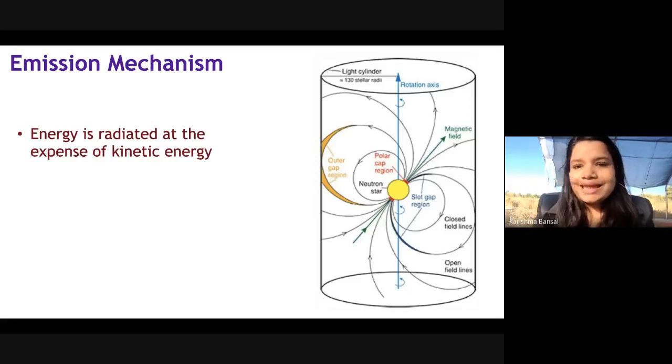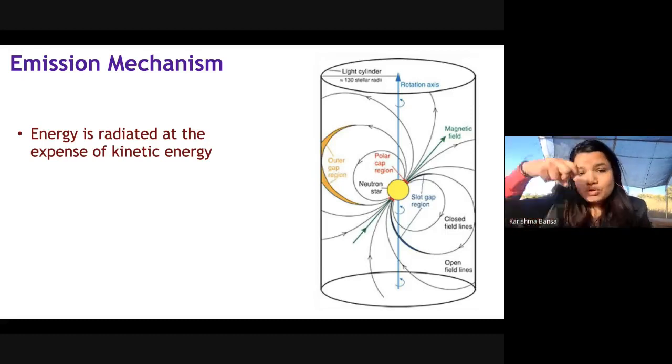The energy is radiated because it's like a dynamo rotating. The neutron star has a very high magnetic field and is rotating so fast that it radiates this energy in the form of kinetic energy, and the poles are also radiating.